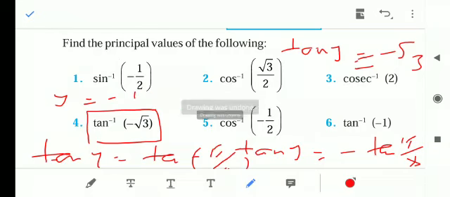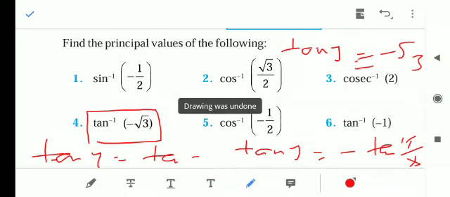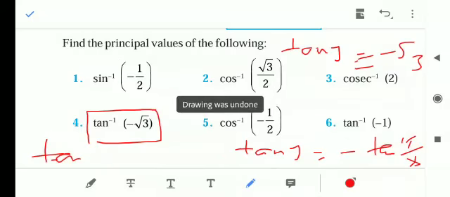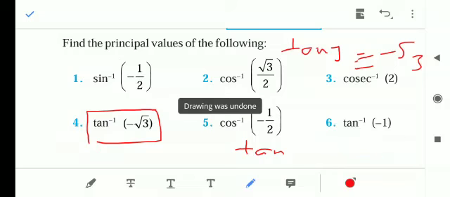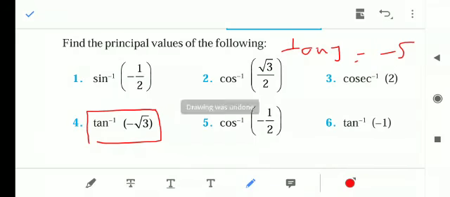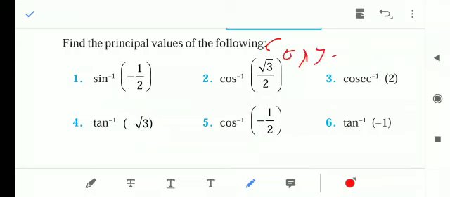Look at one more question. Question number 5: cos inverse minus 1 by 2. Let cos inverse minus 1 by 2 be y. So we can say cos y equal to minus 1 by 2.